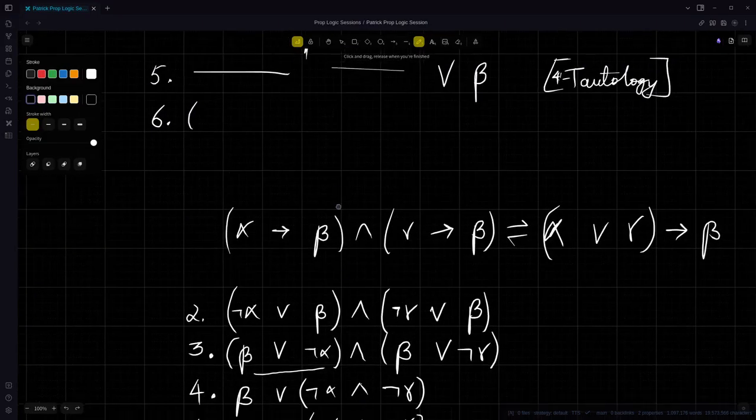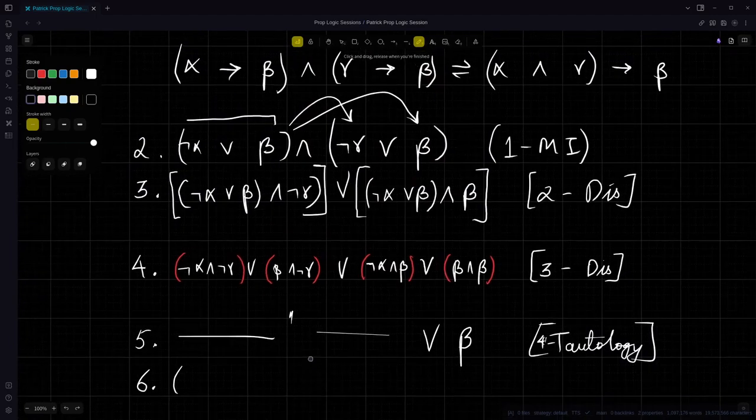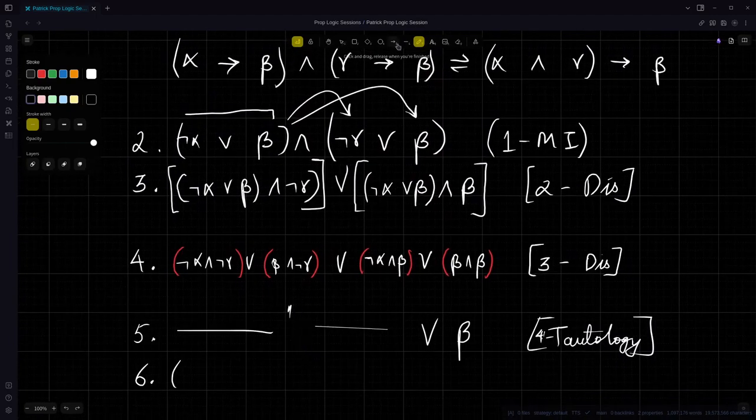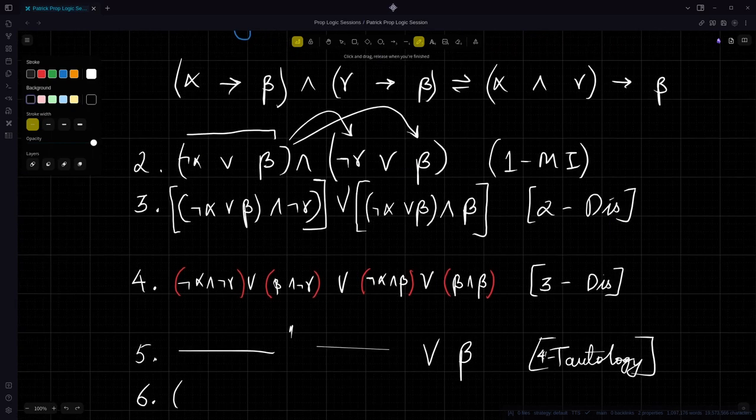I think the problem was I didn't know the word for the other reverse. Yeah, it's fine.